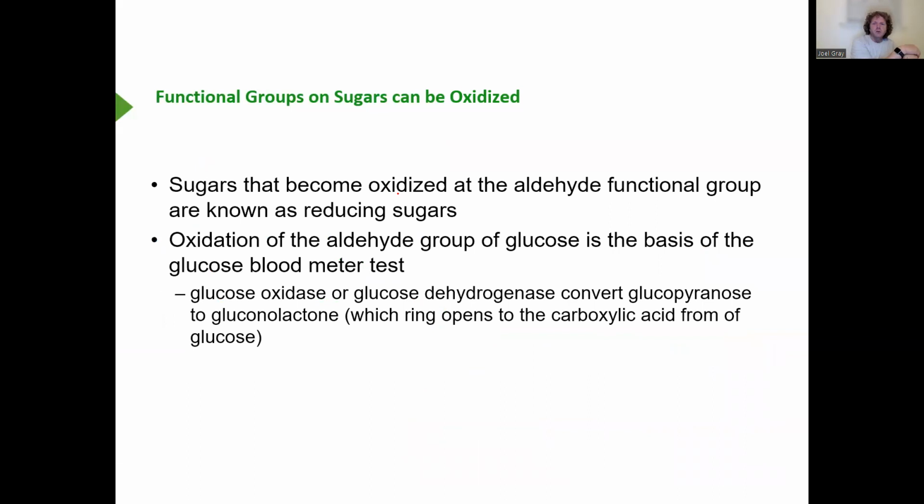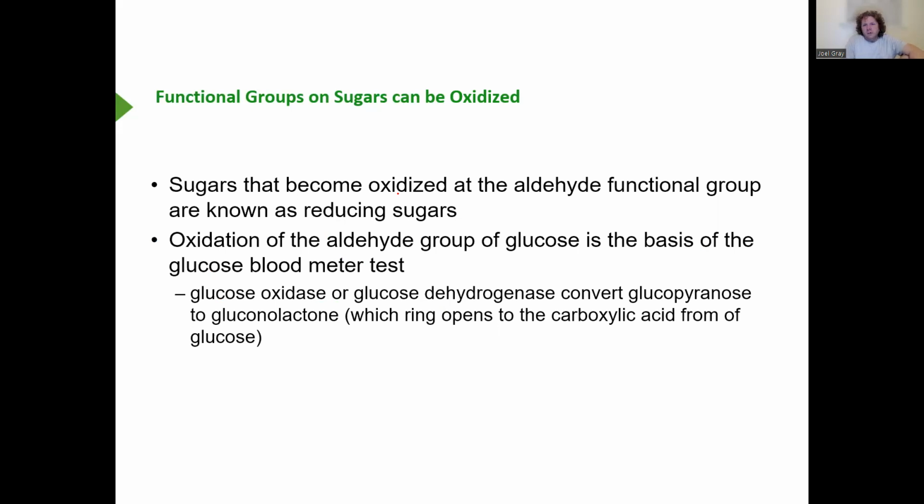Now, functional groups on sugars can also be oxidized. When you think about reduction, think about forming an alcohol, or removal of an alcohol altogether. Sugars that become oxidized at the aldehyde functional group are known as reducing sugars.